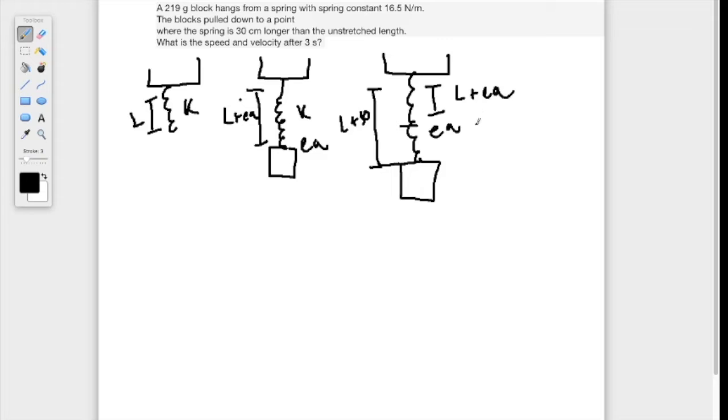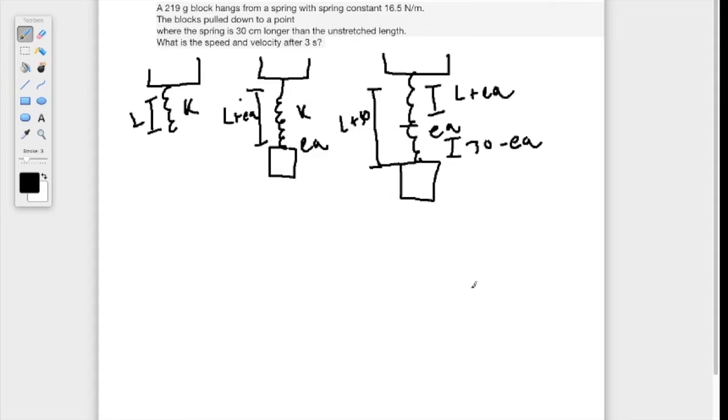So basically, whatever you do, do not use 30 or L plus the equilibrium as the amplitude. That is not correct. So the amplitude is right here. It's this length. And what that is, is actually 30 minus the equilibrium, because this is the remainder of what is left of L plus 30.